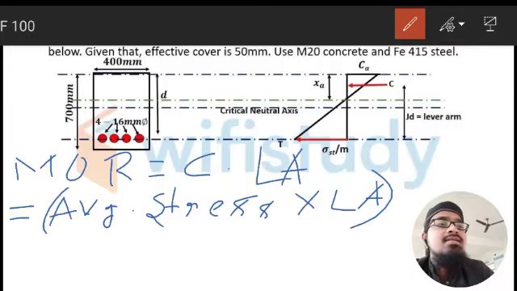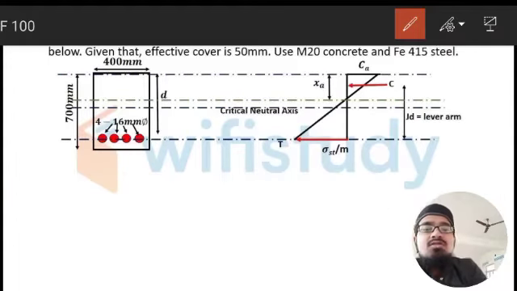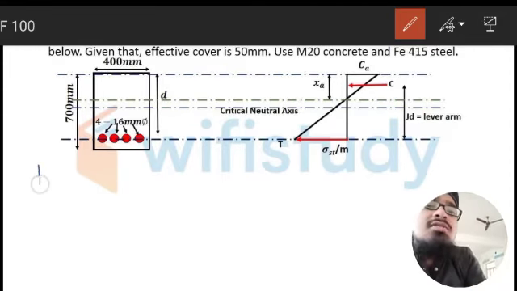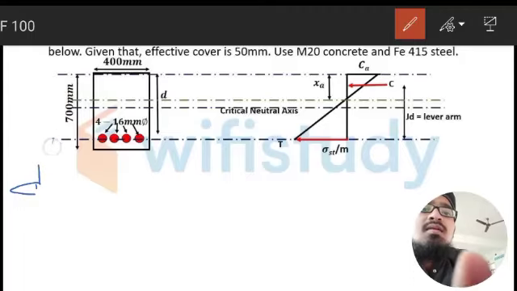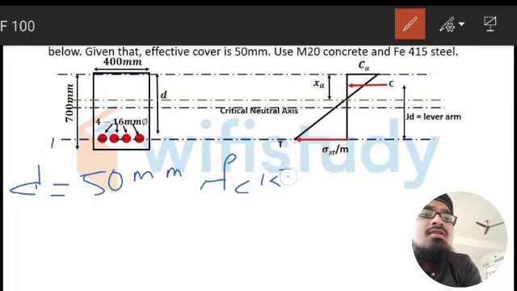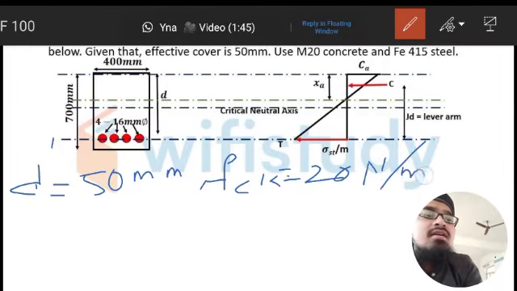So first of all, let us write the given data. What is given in the data? They have given the effective cover. Let us assume the effective cover as d dash. Effective cover d dash is equal to 50 mm, and they have given M20 grade of concrete, that is, the characteristic compressive strength of concrete, FCK is equal to 20 Newton per mm square.